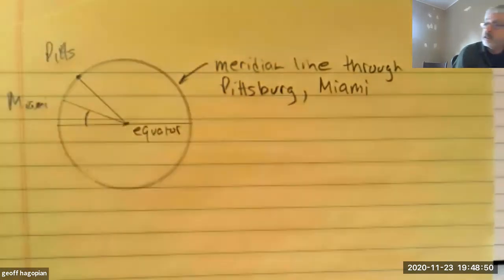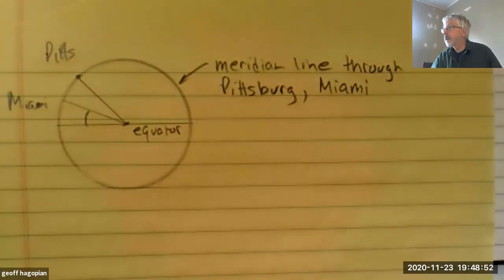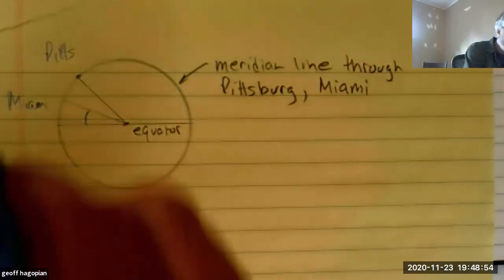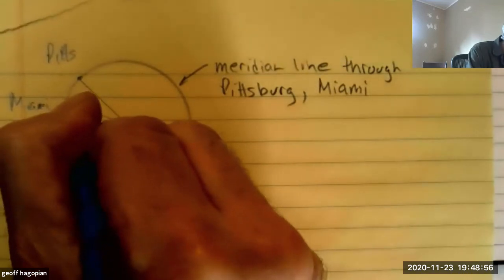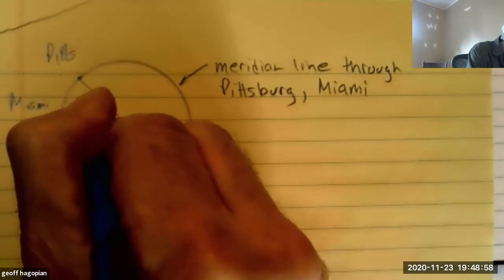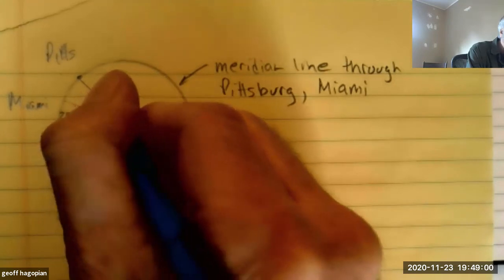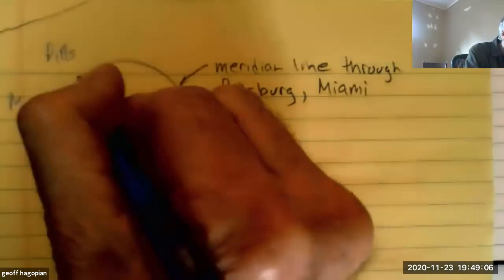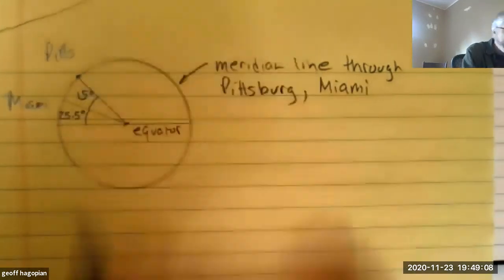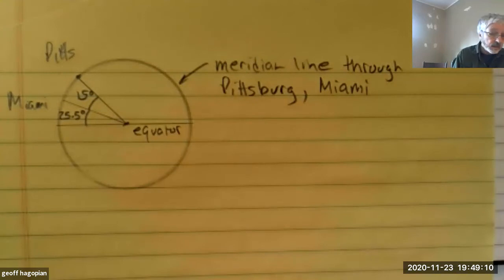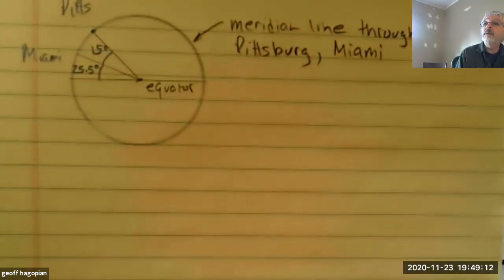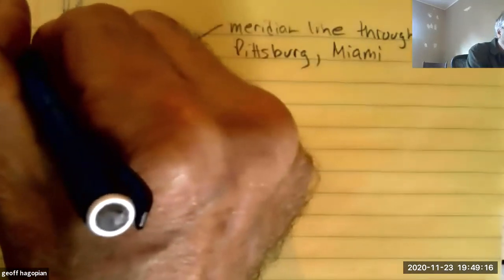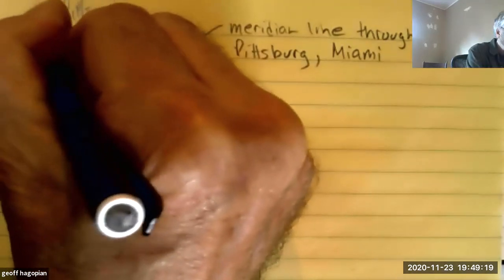So this is, I think they told us 25.5 degrees here. And so then how much further would you have to go to get to 40.5 degrees? I guess 15 degrees, right? So let's label that angle as 15 degrees. So we want to convert that to radian measure, right? So this is number 6.1, number 77.